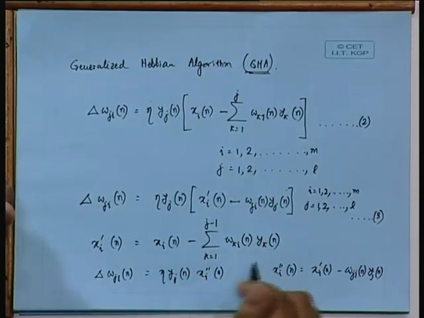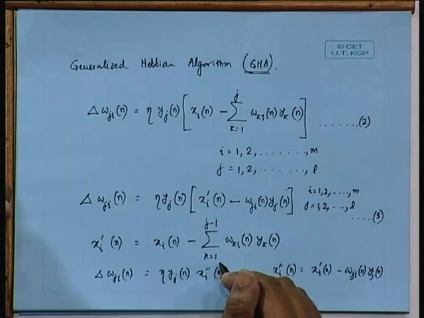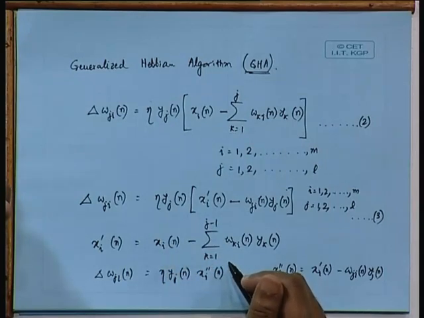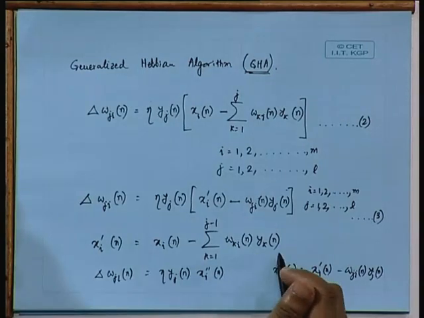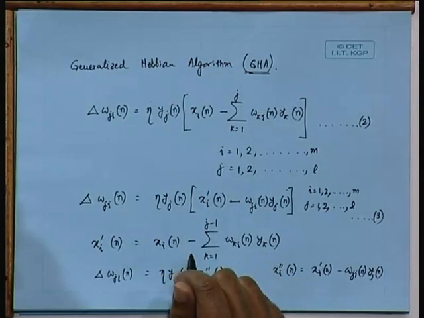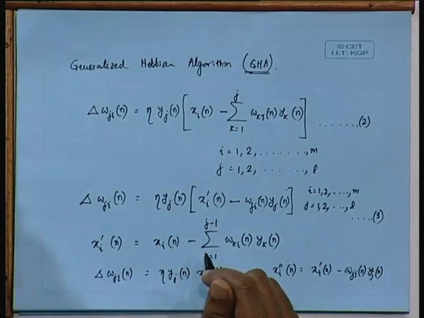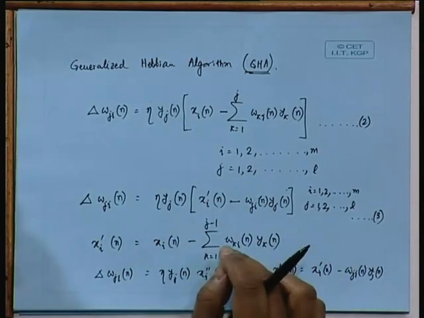At first we subtract the k equal to 1 term: from xi we subtract w1i n multiplied by y1 n, and then we get a result.